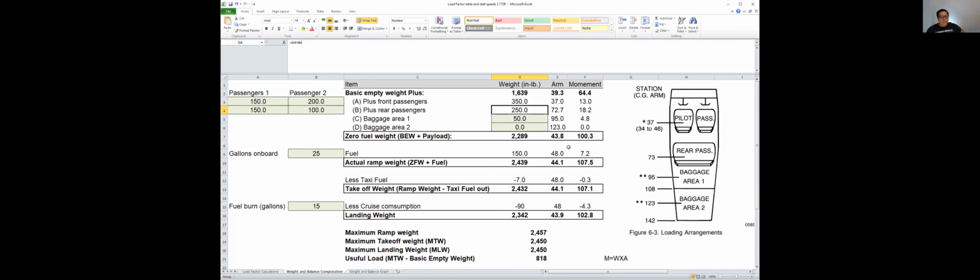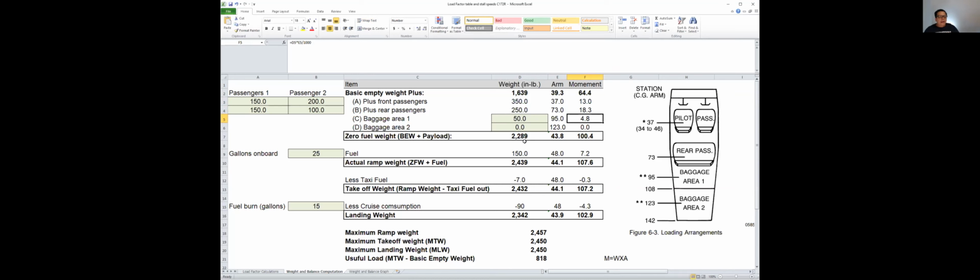The arm is going to be 73. Sorry, let me change this to 73. That's 18,300. Again, using the reference, it is 18.3. And then we're only going to carry 50 on area 90, on the baggage area. So 50 multiplied by the arm gives us 4.8.